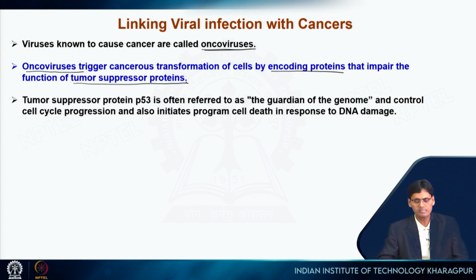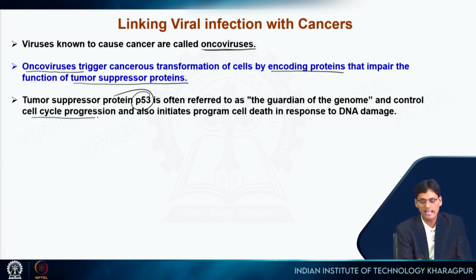One very good example of a tumor suppressor protein is p53, and it is often referred to as the guardian of the genome. It controls cell cycle progression and initiates programmed cell death, as I just mentioned, in response to DNA damage.